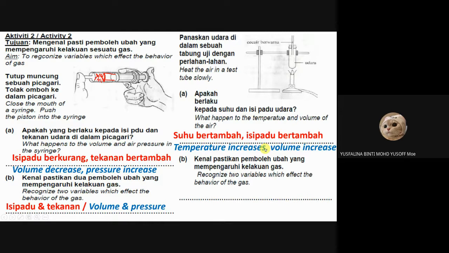The temperature increases, the volume also increases. So the two variables here are the volume and the temperature.